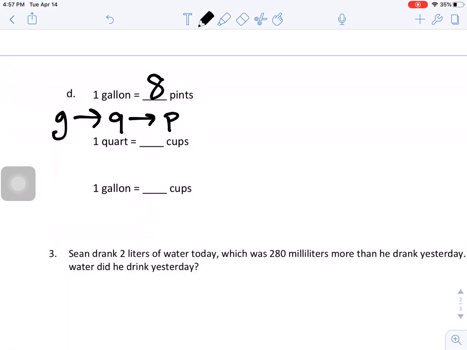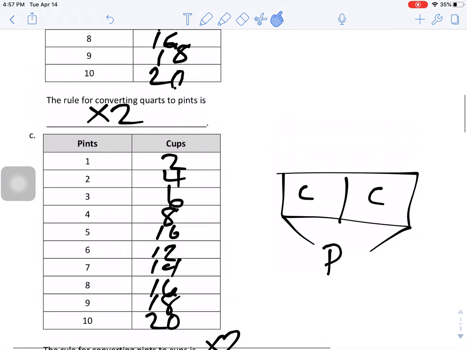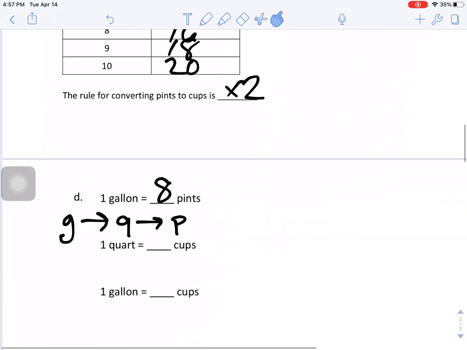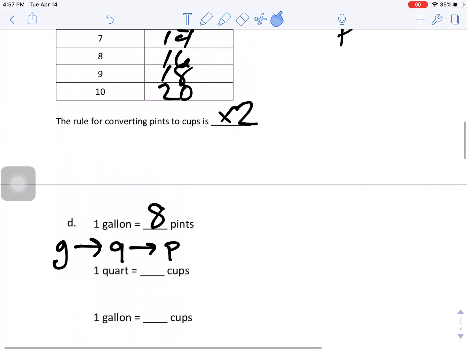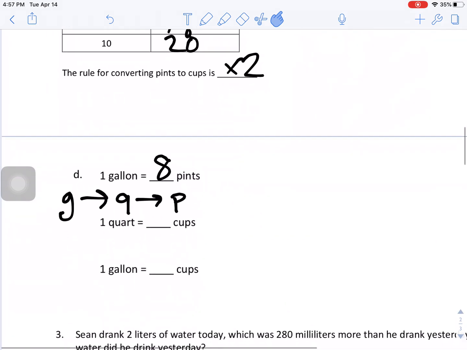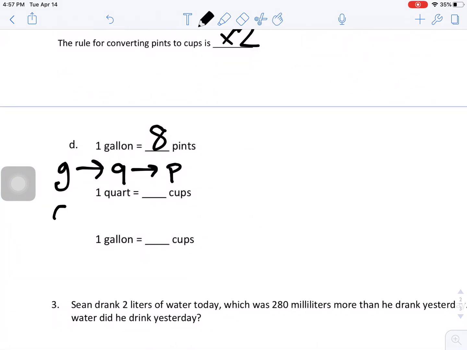So remember up here, I had quarts and they had pints, and the pints hold cups. So I could look and I could see that 1 quart has 2 pints. So I need to go from quarts to pints, then to cups.